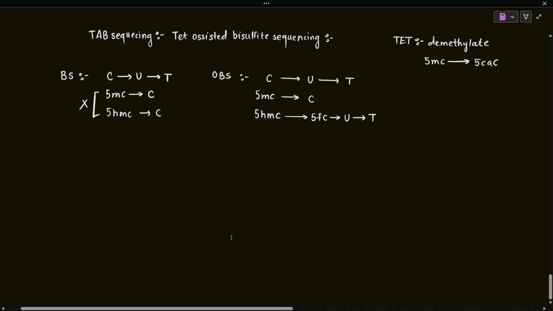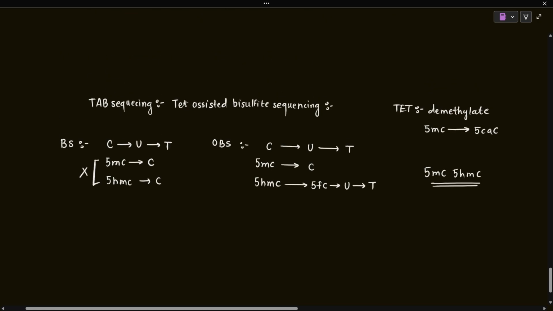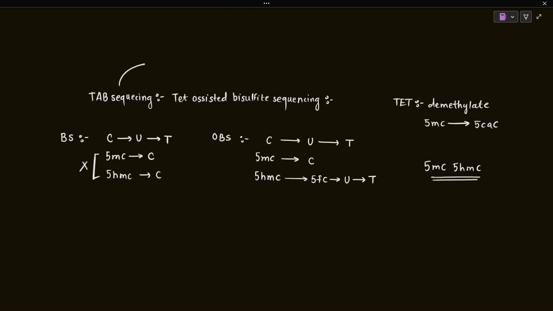In TAB sequencing also, just like the oxidative bisulfite sequencing, we will be able to differentiate between 5-methyl cytosine and 5-hydroxymethyl cytosine. Both of these will be differentiated, and that is why we say that TAB sequencing is helpful for detection of 5-hydroxymethyl cytosine.